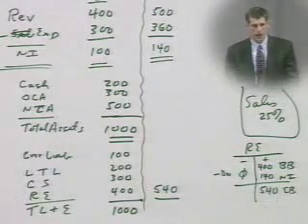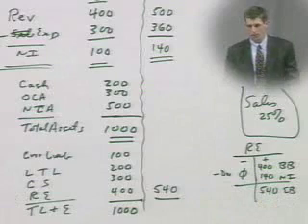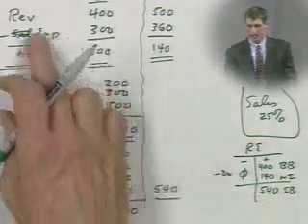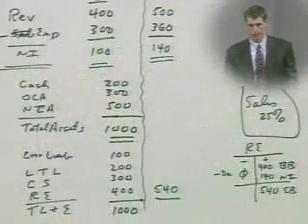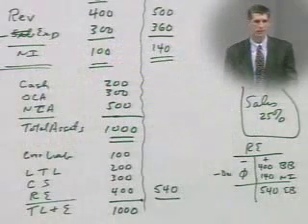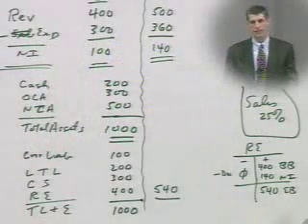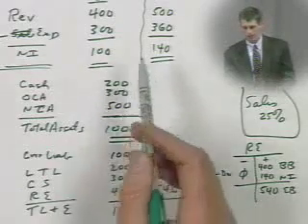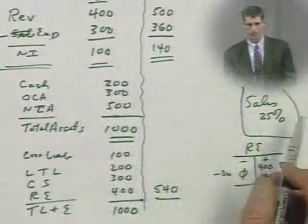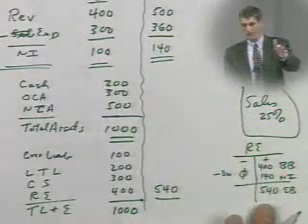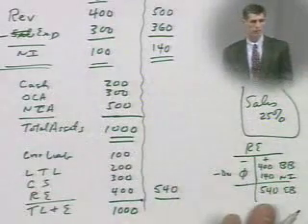Now, the method that I would suggest you use for forecasting the assets and the rest of the income statement is what's called the percent of sales method. The basic idea is that if sales went up by 25%, that's going to be your basic guess about how everything else is going to change.